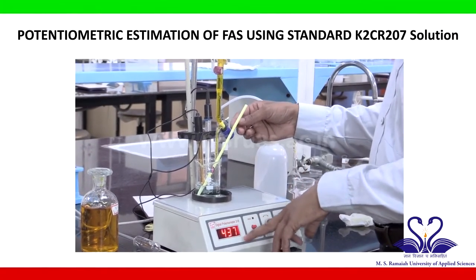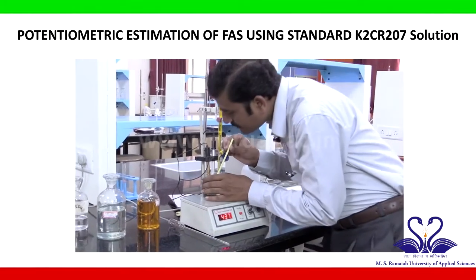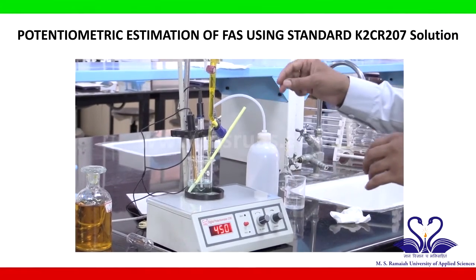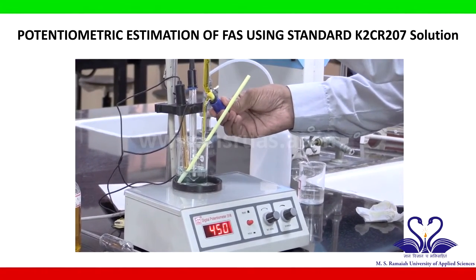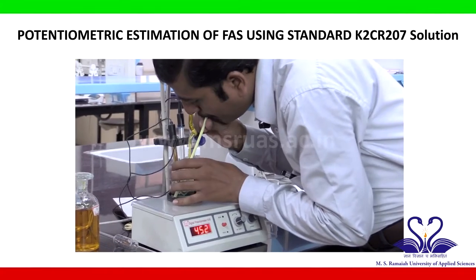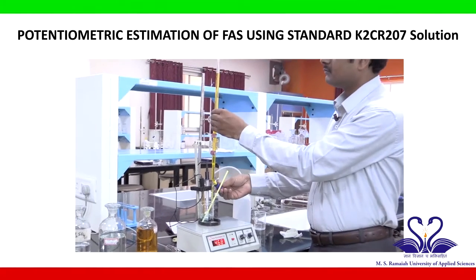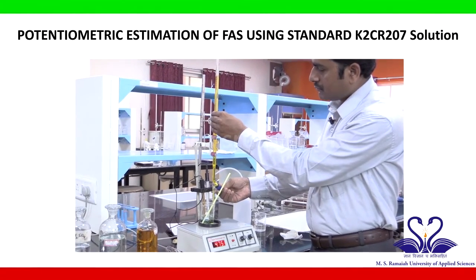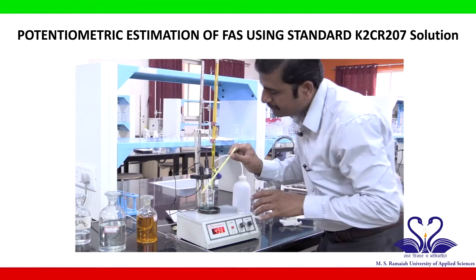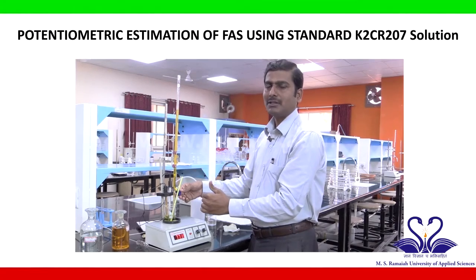So we can see initially the gradual rise in the potential value. Further, after the steep rise, we have to take 4 to 6 readings, and then we can stop the experiment.